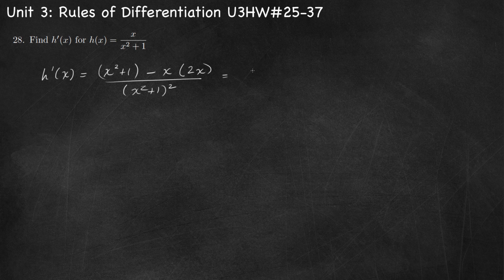If we simplify that, we get x squared plus 1 minus 2x squared over bottom squared. And x squared minus 2x squared is negative x squared, so I get 1 minus x squared over x squared plus 1 squared.